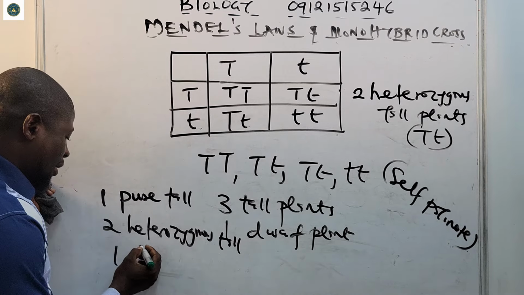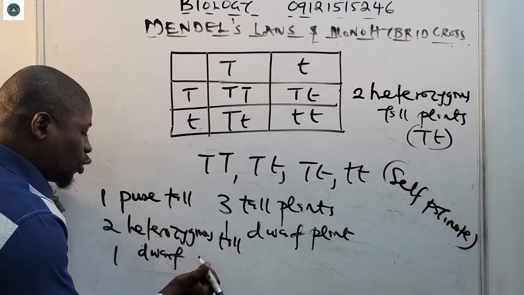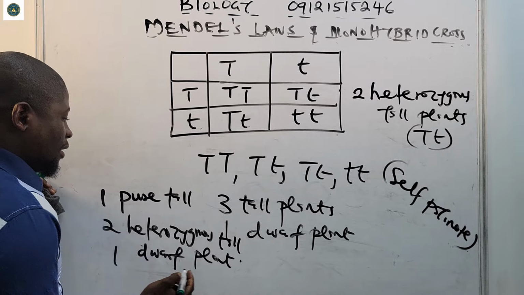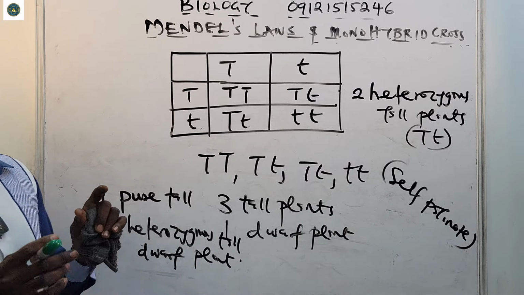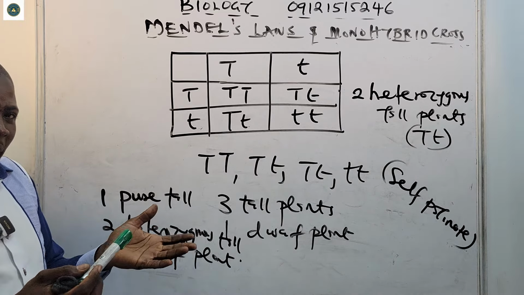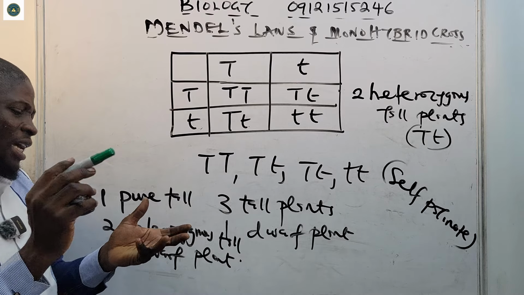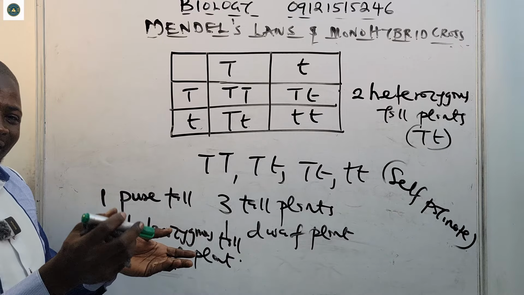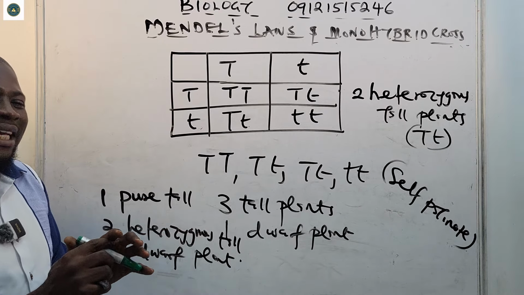Then we have 1 pure dwarf plant. So this was the result of our Punnett Square, all right? From the beginning of the experiment, we crossed 1 pure tall and 1 pure short. The result was that we got 4 heterozygous plants.